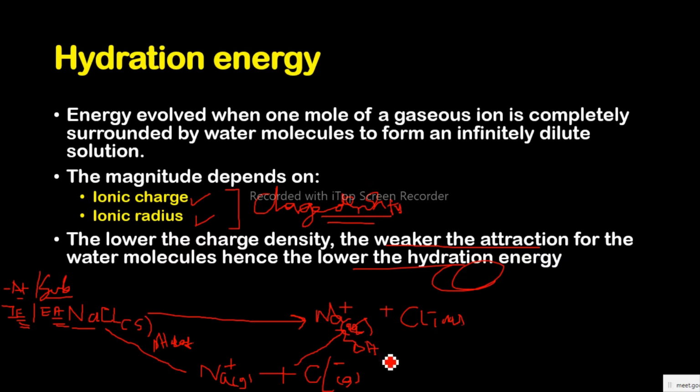And this heat change is what we call hydration energy, delta H hydration. Now what happens?